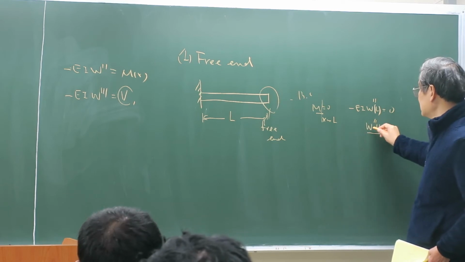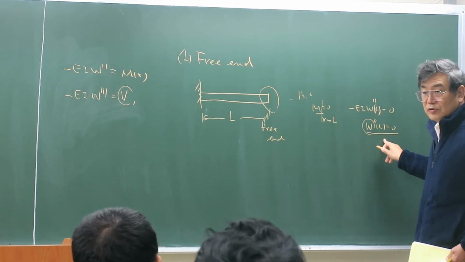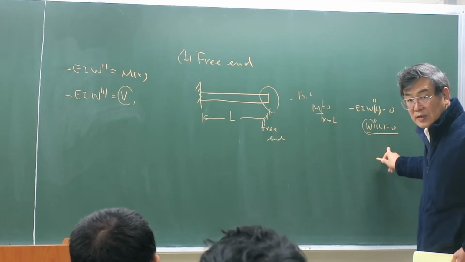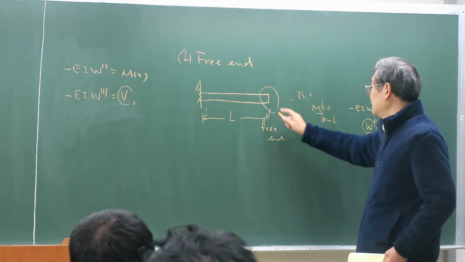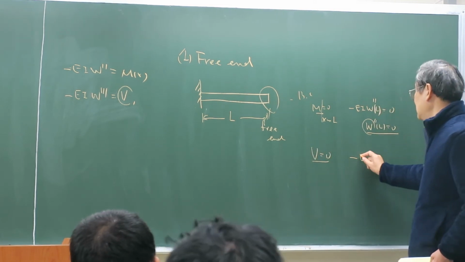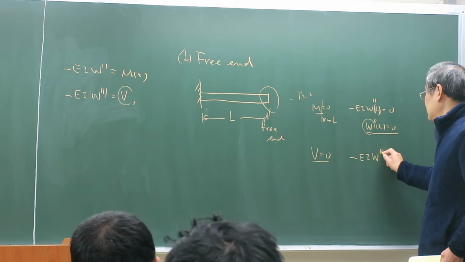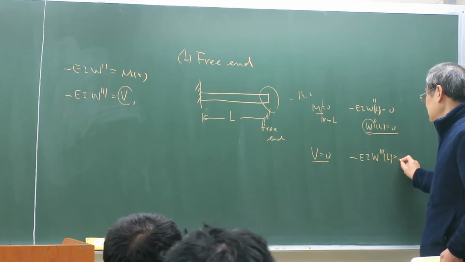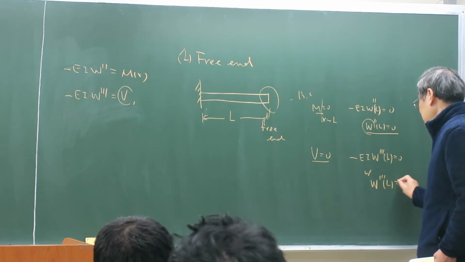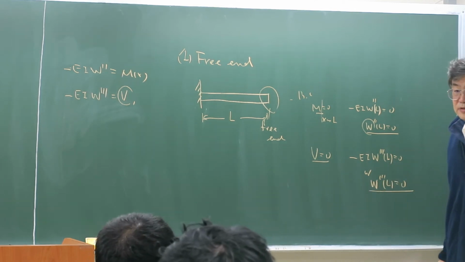Because our Gaussian equation is in terms of displacement, you have to write your boundary condition in terms of displacement. Okay? And also we have shear equal to 0. So minus EI W triple prime at L equal to 0, or W triple prime at L equal to 0. This is my boundary condition.